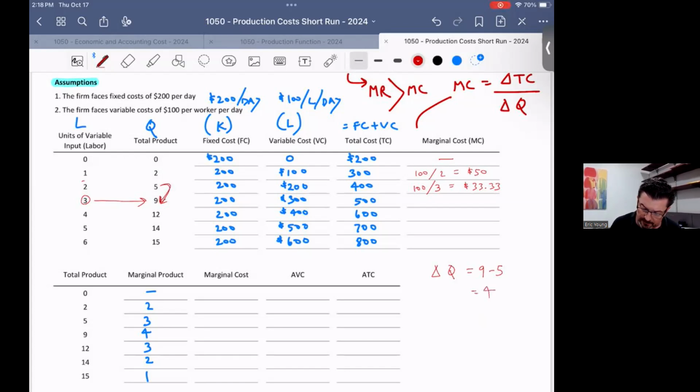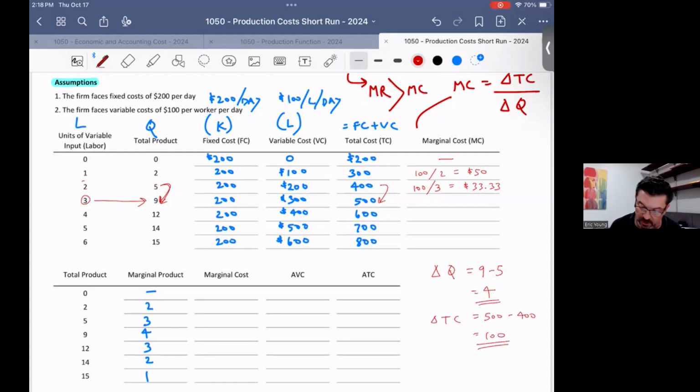Therefore, it's 4. How much additional money did we have to spend to make those pizzas? Well, we went from 400 to 500. So you can see that we had to spend $100 more to get 4 more pizzas.